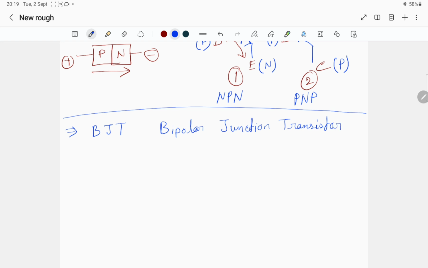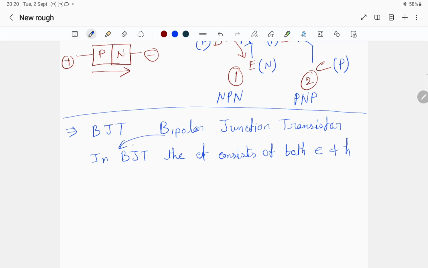Now why is it bipolar? The answer is, let me write it down. In BJT, the current consists of both electron and hole.